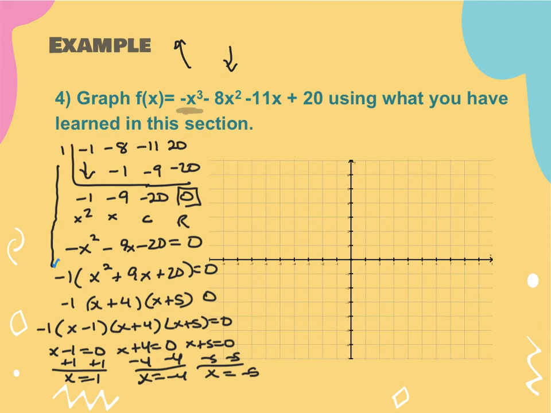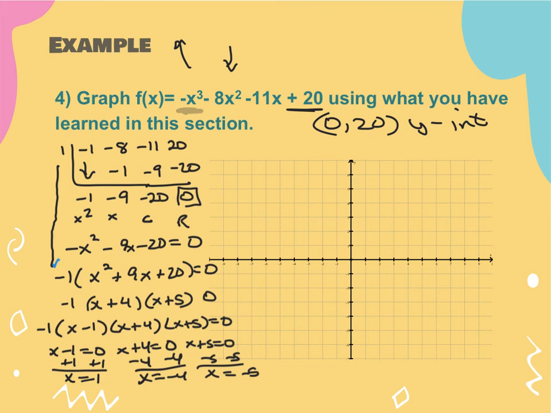So here are my 3 zeros. I can also find my y-intercept. It's up here. It's the order pair 0, 20. Again, I found that by plugging in 0, which makes all that go away, leaving me with just the 20. So now let's go ahead and get these 4 order pairs on the graph.